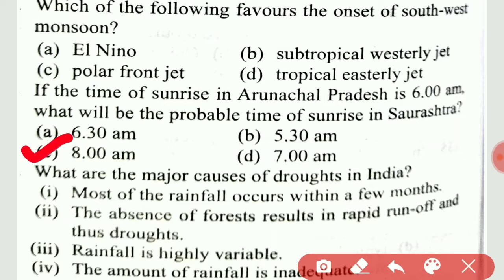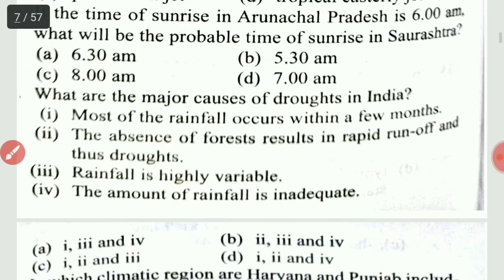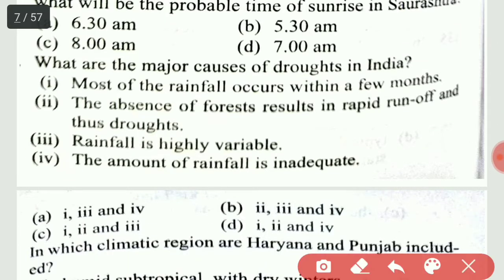That is option C, 8 a.m. Next, what are the major causes of droughts in India?